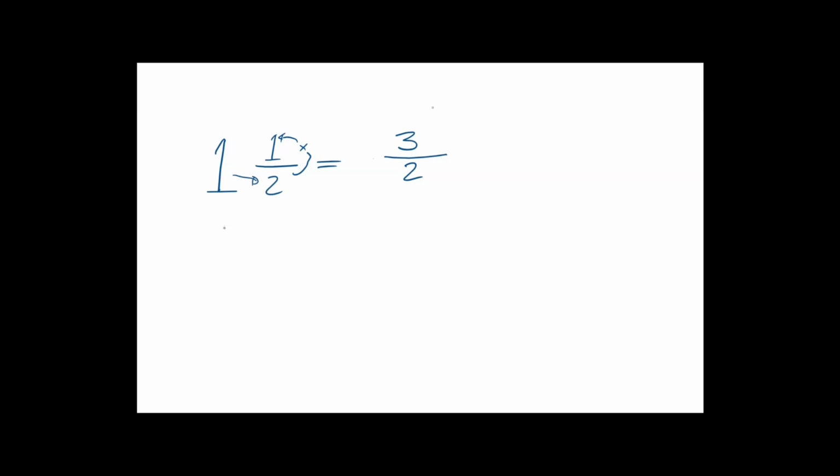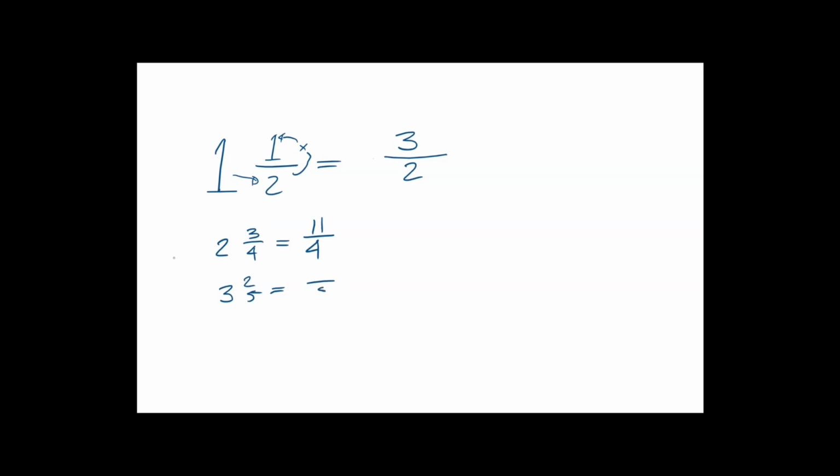Okay, let's do one a little bit harder. 2 and 3/4. 2 times 4 is 8. 8 plus 3 is 11. And the 4 stays as it is. Let's do a few more of these. 3 and 2/5.